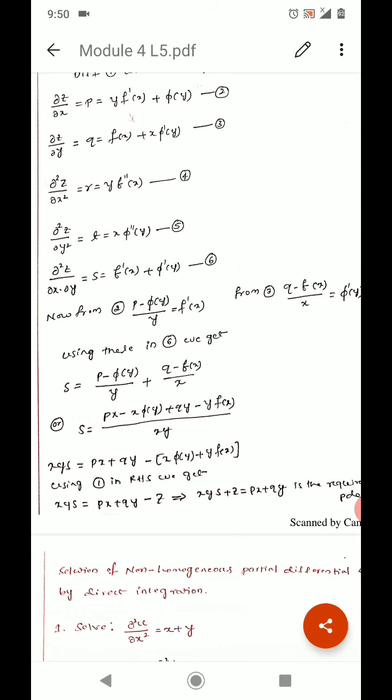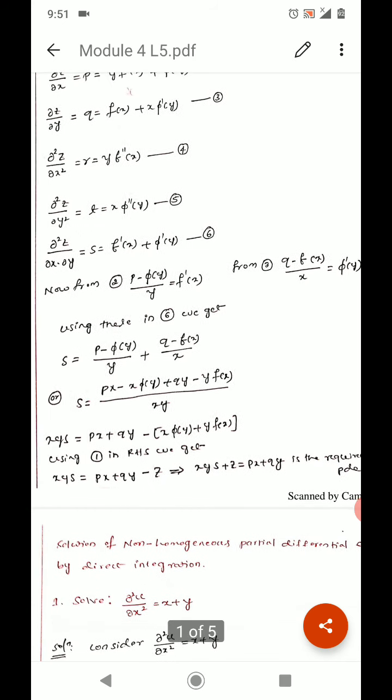Taking the LCM, we obtain s is equal to px minus x into pi of y plus qy minus y into f of x. Cross multiply xy towards the left side, we obtain xys is equal to px plus qy minus x pi of y plus y f of x.